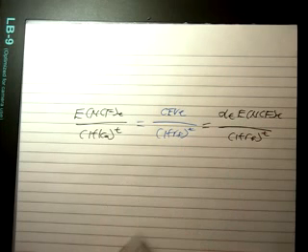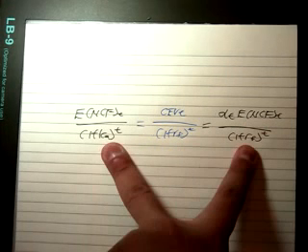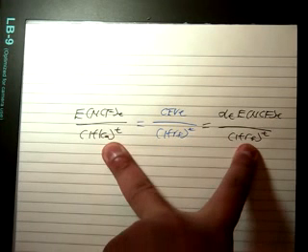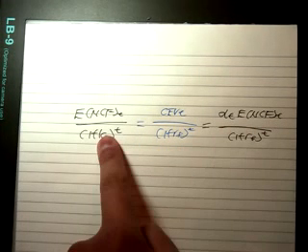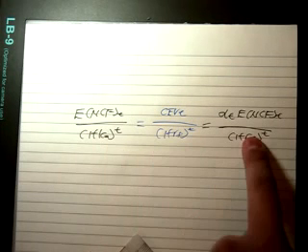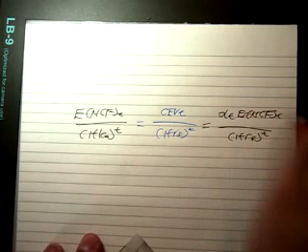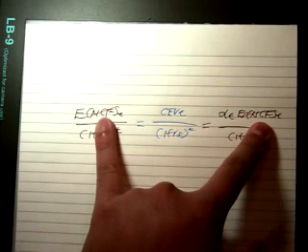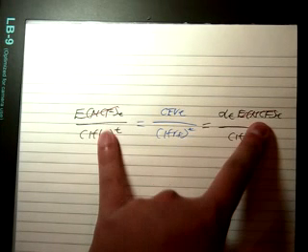Now, if you have a look at the first and third expression, what can you immediately do? You notice that the risky cash flow is in both of them, and because this is the same as this, which is the same as this, if I cancel this, what am I left with?